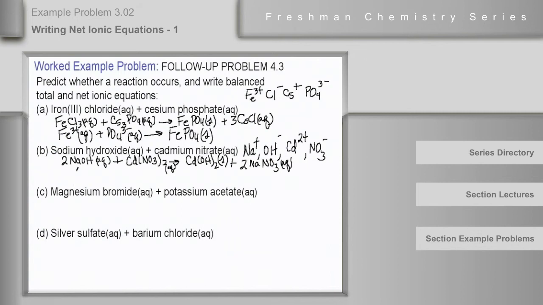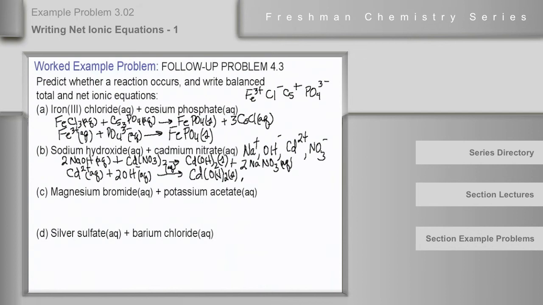The net ionic equation would be Cd2+ plus 2OH- aqueous gives Cd(OH)2 solid.